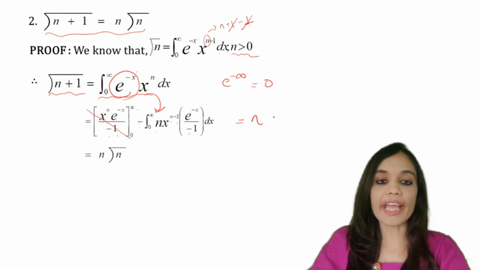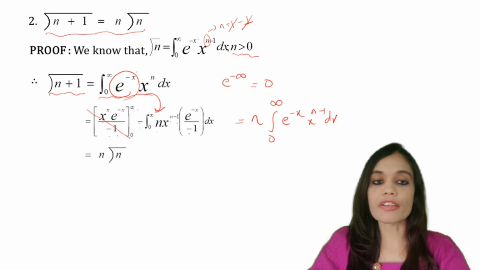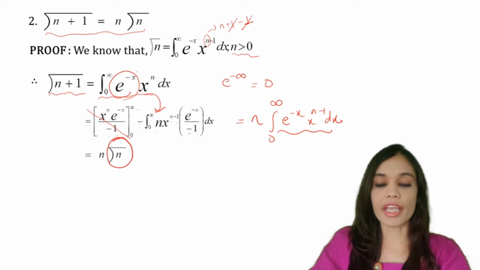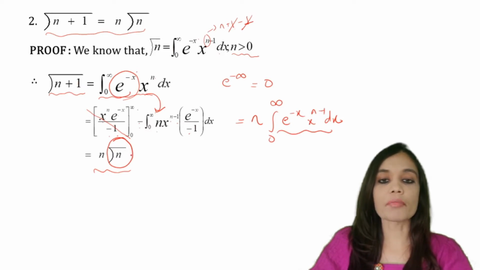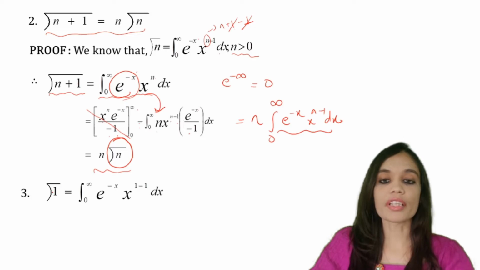So you will get n times integration 0 to infinity e raised to minus x, x raised to n minus 1 dx. Now this is the formula of gamma n. Therefore we have proved that gamma n plus 1 is equal to n gamma n. Now let's go to our next property, that is, we have to prove that gamma 1 is equal to 1. Let us start proving.